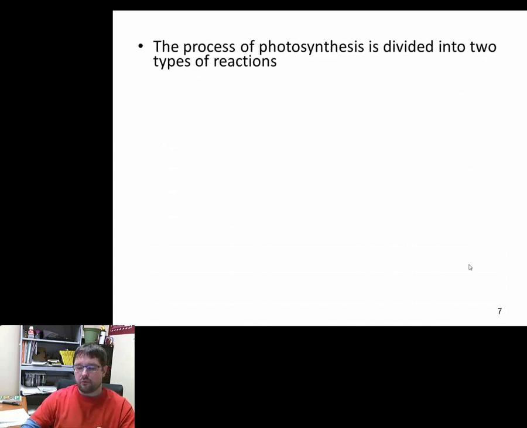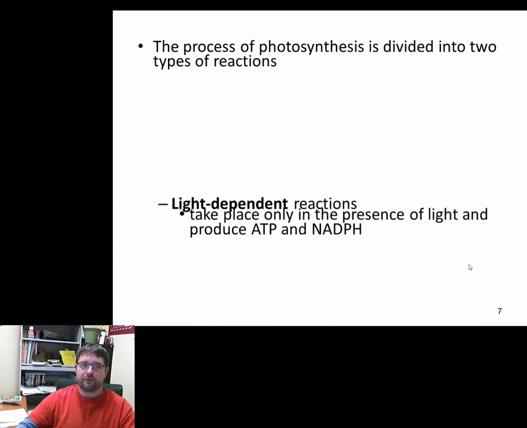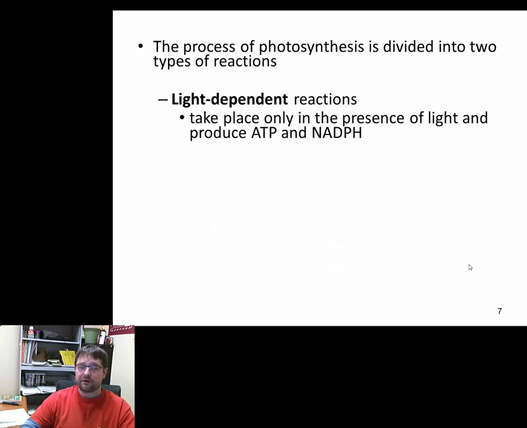Furthermore, we can divide photosynthesis into two main types of reactions. Light-dependent reactions are reactions that occur in the presence of light.